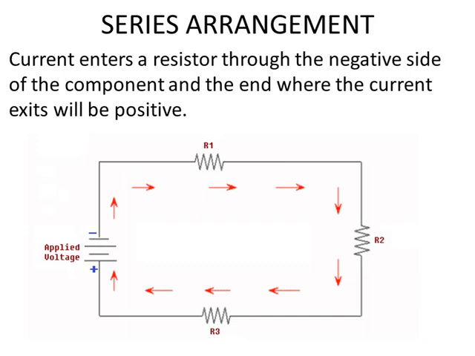The same current that enters through R1 is going straight to R2. It is that same current that is going through the circuit. This is a typical example of a series arrangement.